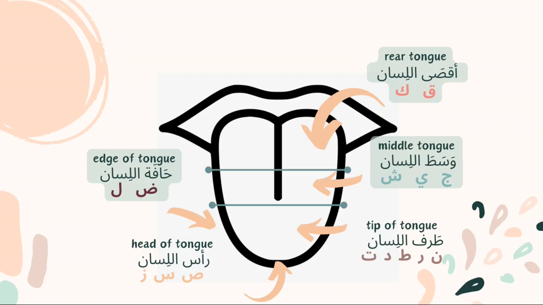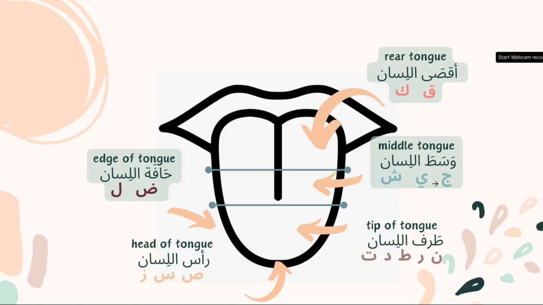As a revision, let us remind ourselves of the letters that we already studied that exit from the tongue. The first two letters, I hope you remember them, are the qaf and the kaf, aqsa lisan, the rear tongue, the furthermost part of the tongue.